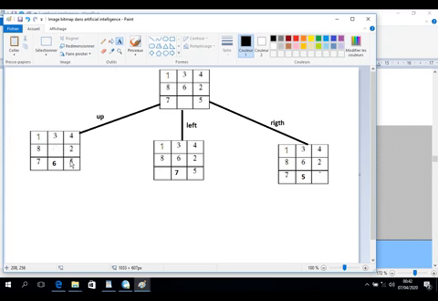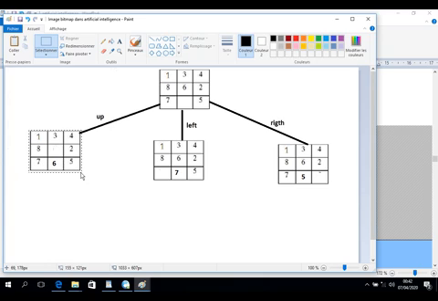From, if we take this state, for example, from here we can, there are 4 operators that can be applied. So can be up, down, left, right.